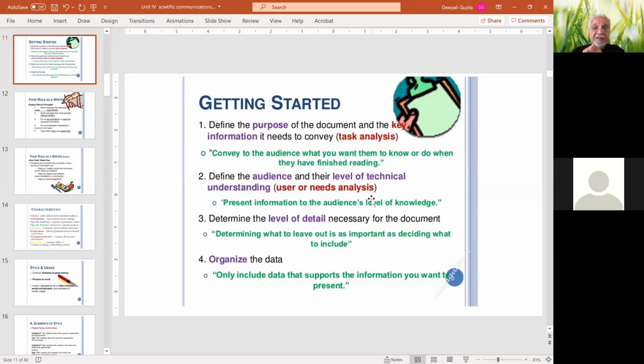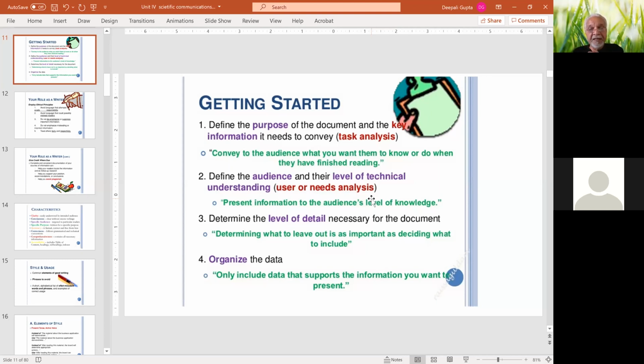And then, when you decide the purpose and the group, the third point which needs to be done is the kind of details you want to give in the document. That is important, because the level of details you want to give depends upon the audience you are trying to address.